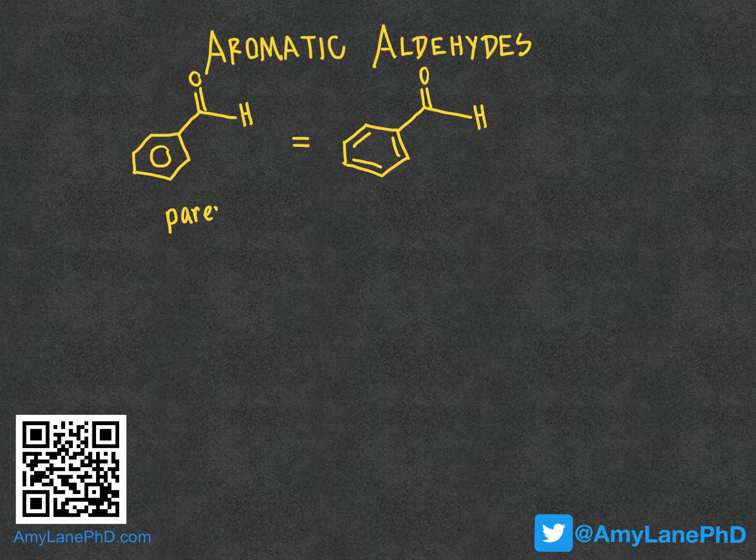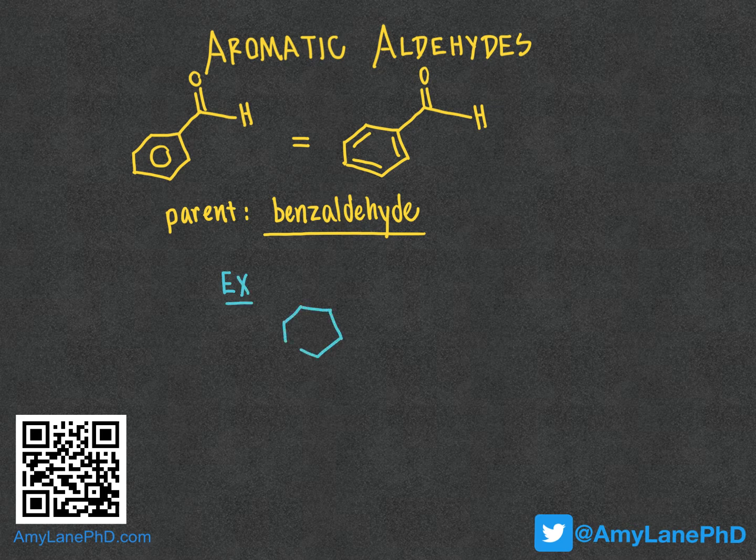of benzaldehyde. So if you see a molecule that has a structure like we're looking at up top here, and it has some extra branches coming off of it, recognize that the parent name, the last part of the name for that molecule, should be what I've written here, benzaldehyde. For example, if we had the following structure, we have our aromatic ring directly connected to an aldehyde group, which is sometimes abbreviated as CHO group.